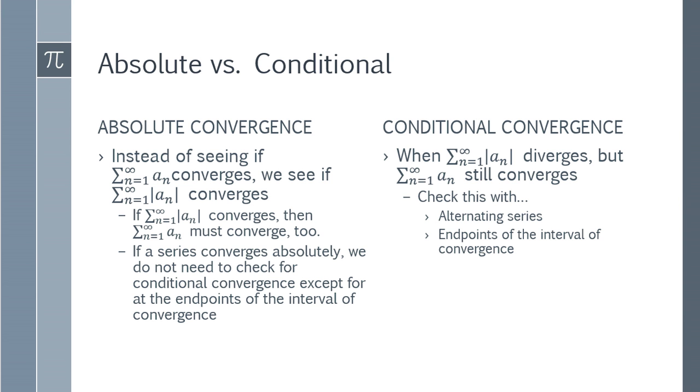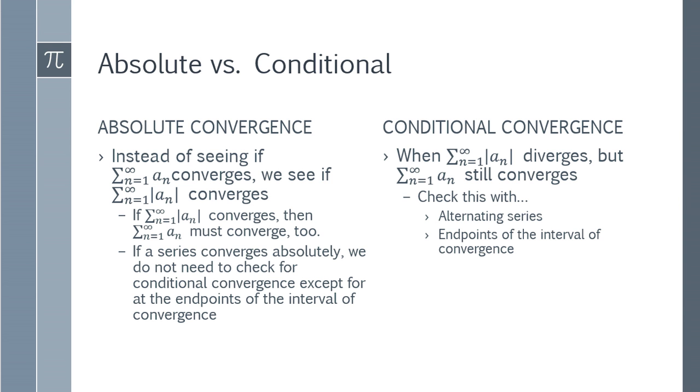Conditional convergence is what happens if the series of absolute values diverges. Just because the series of absolute values diverges doesn't necessarily mean that the original series diverges. This is particularly true when we're looking at alternating series and when we're looking at endpoints of our intervals of convergence.